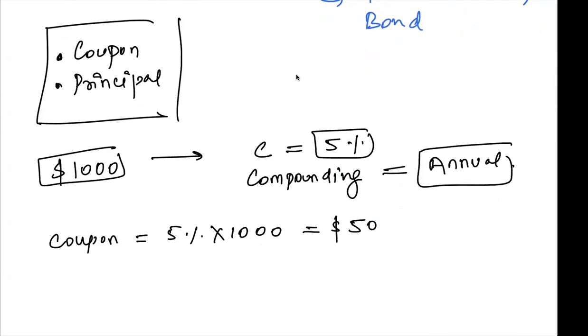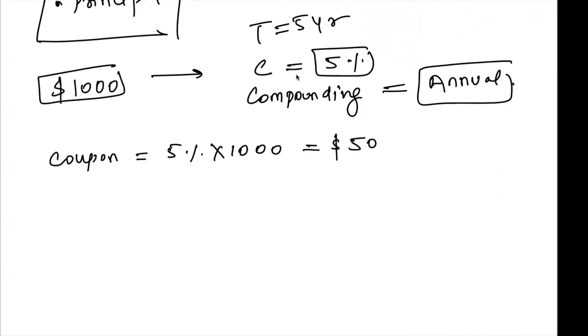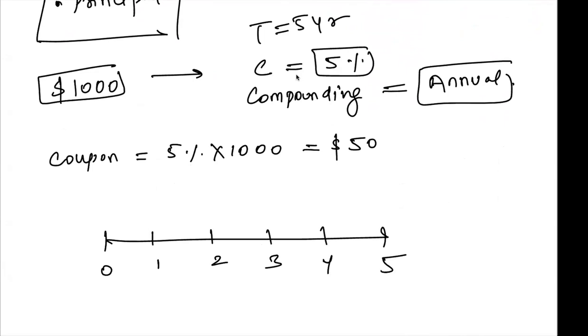And this compounding is annual. Let me give you a proper time: 5 years. What it means is, every year you will get a coupon, and at maturity, in the last year, you will get the coupon plus the principal.